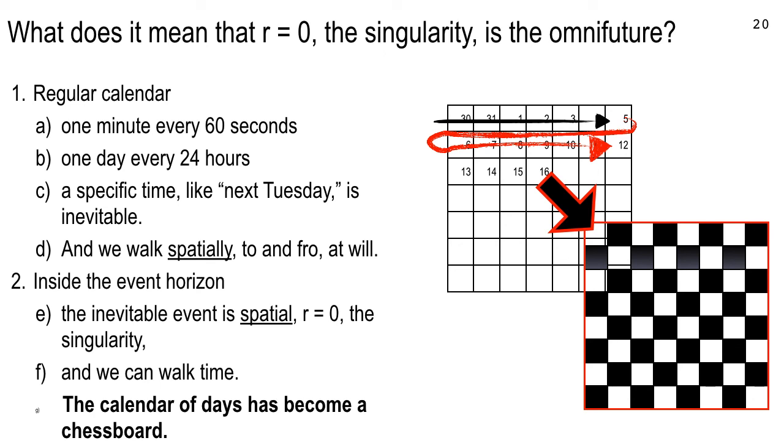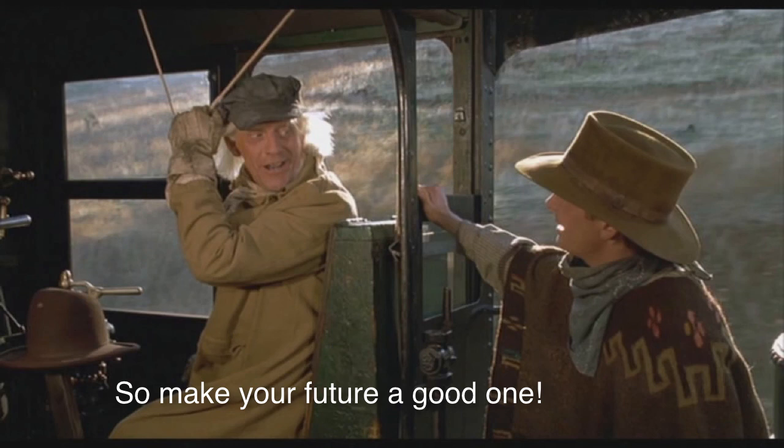We can't do it out here in flat space-time, but inside the black hole, my wonderful students, thinking about the future and the past, it's a lot to think about. But this change of the roles of space and time occurs exactly at the event horizon, the outermost surface of trapped photons. So make your future a good one, as the saying goes. And that, my wonderful students, is all I have to say about black holes.